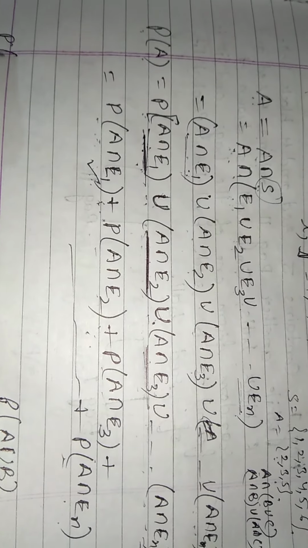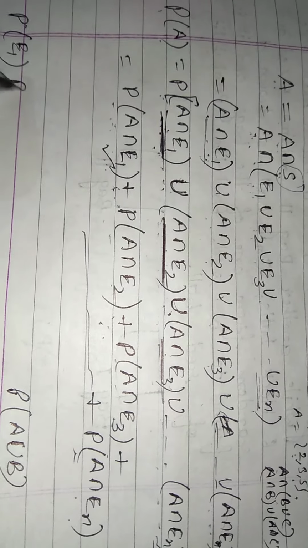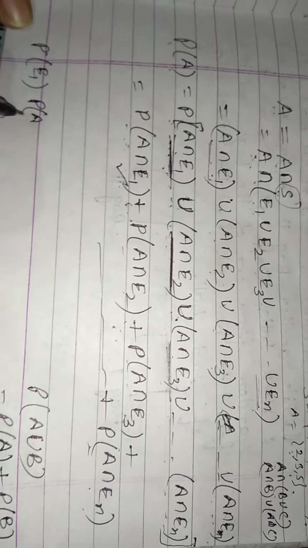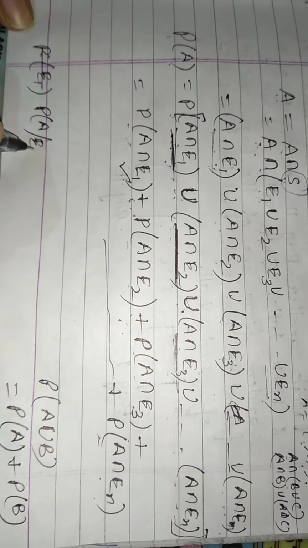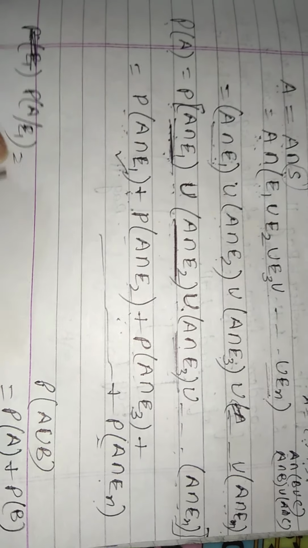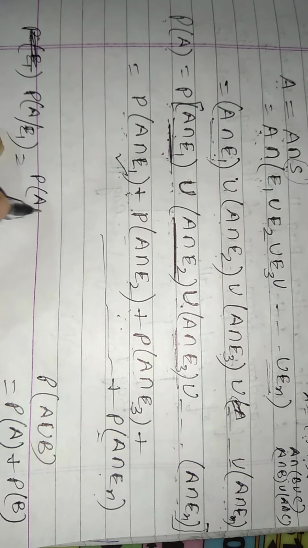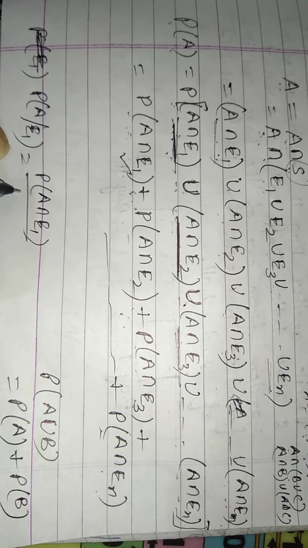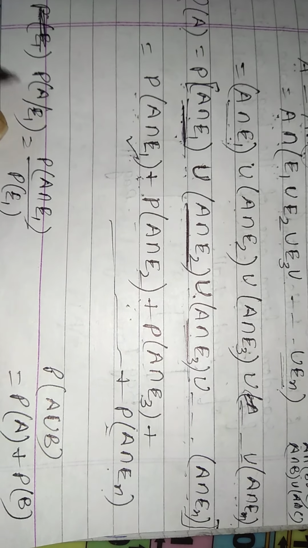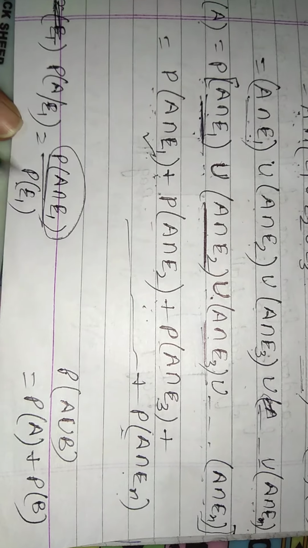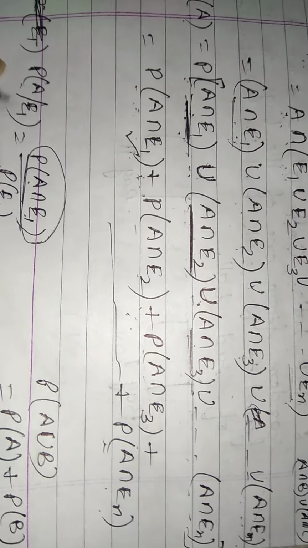And we know the conditional probability formula. If we want to write P(A|E1), we can write it as P(A intersection E1) upon P(E1). Then P(A intersection E1) we can write as P(E1) into P(A|E1).